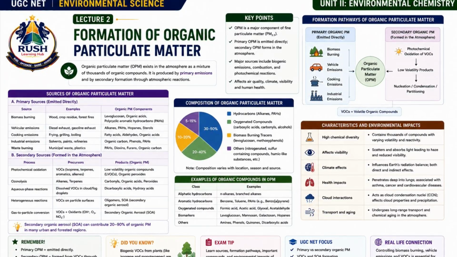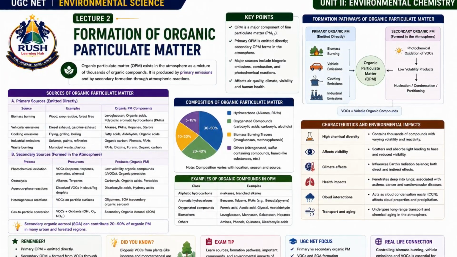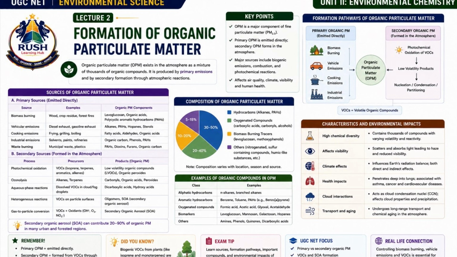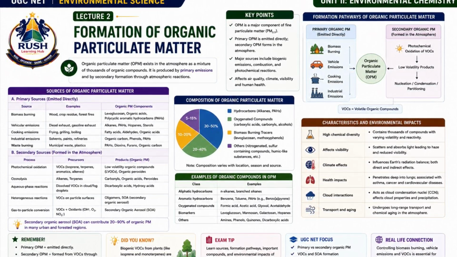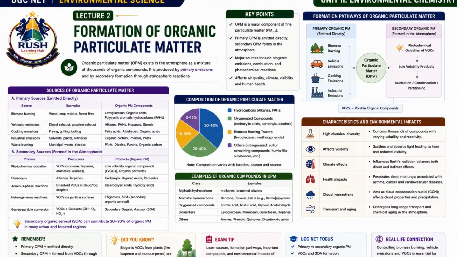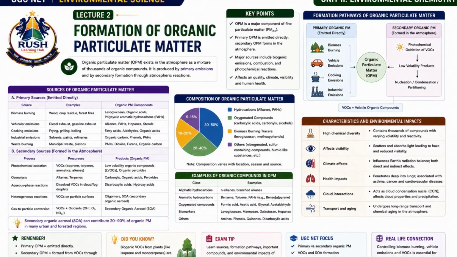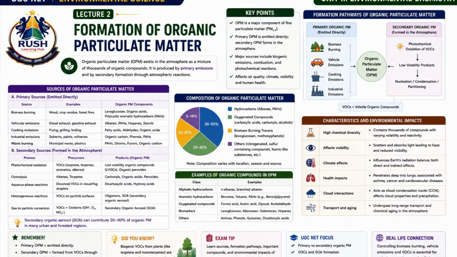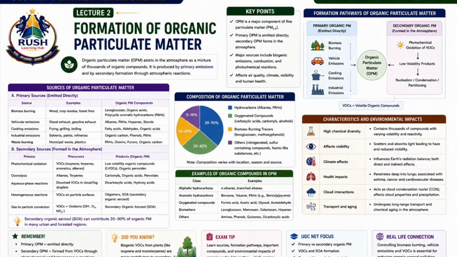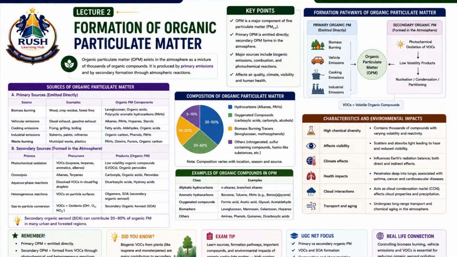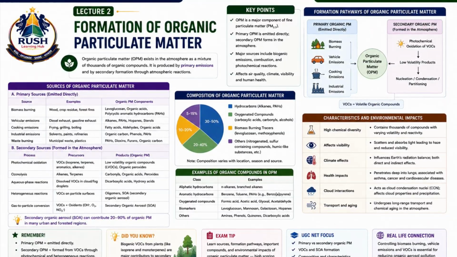These particles scatter and absorb light, causing haze and reduced visibility. The third impact is climate effects. Organic aerosols influence Earth's radiation balance by interacting with solar radiation. Some particles scatter sunlight and cool the atmosphere, while others absorb energy and contribute to warming.